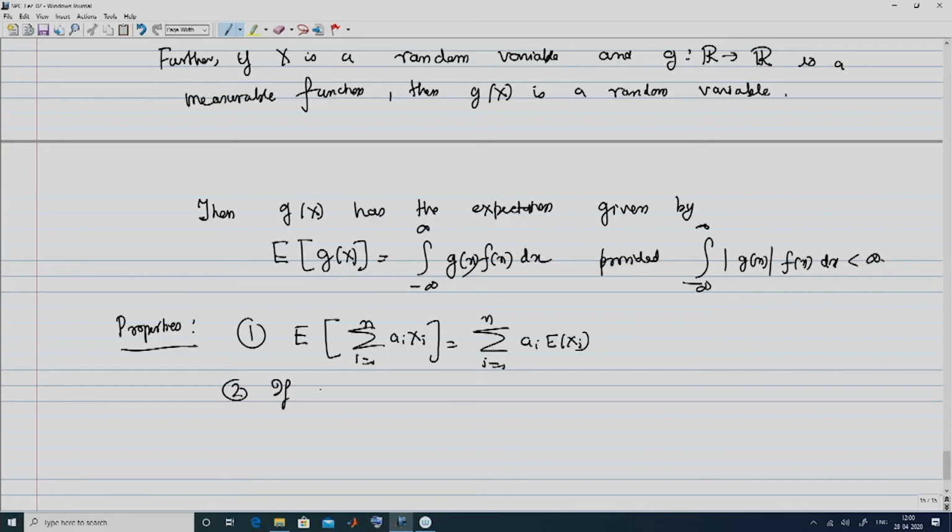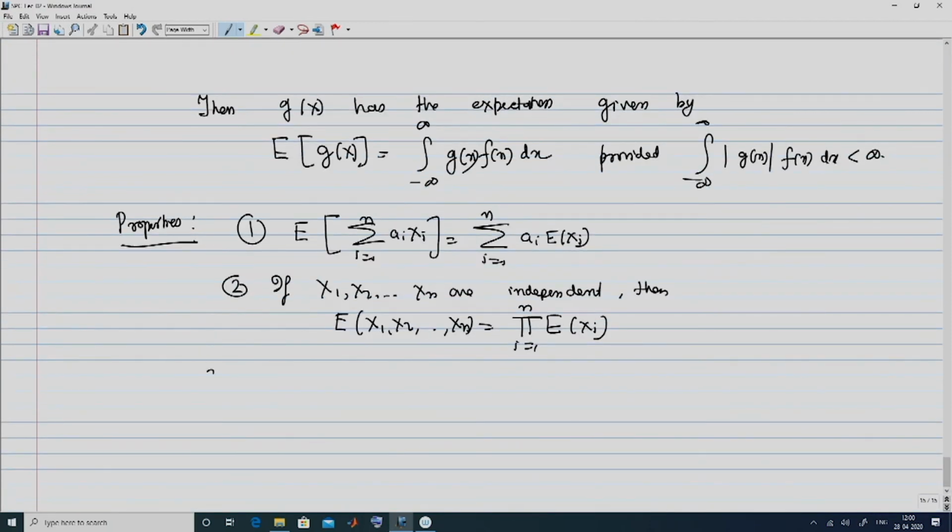Secondly, if X1, X2 all the way to Xn are independent, then the expected value of X1, X2 all the way to Xn is going to be the product of E of X_i, i equals 1 to n.